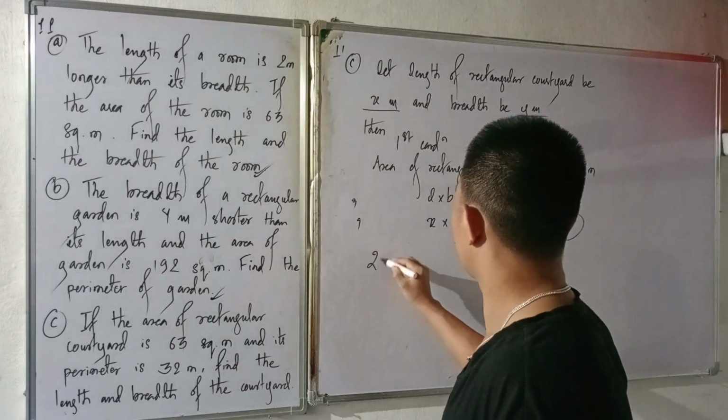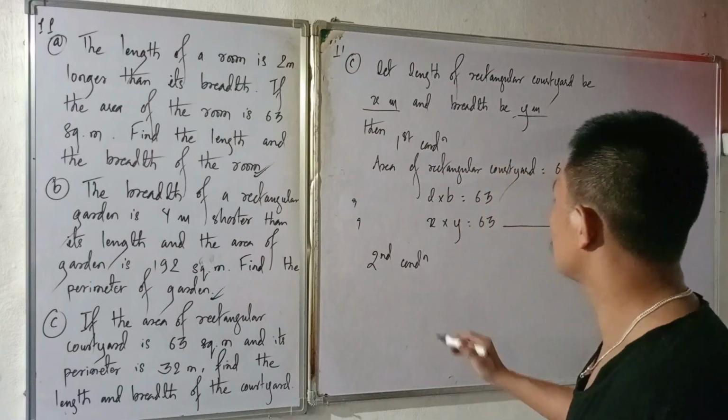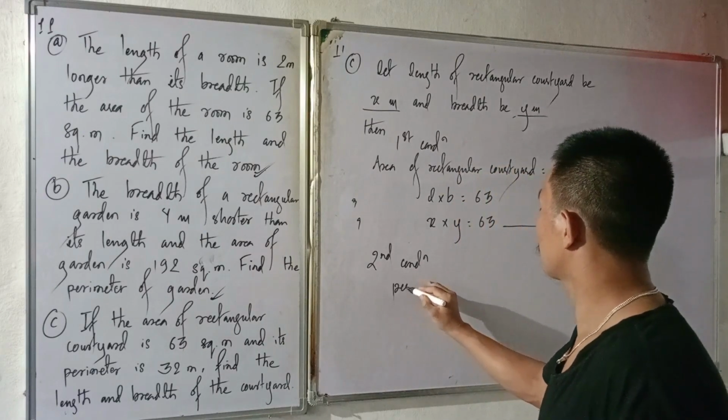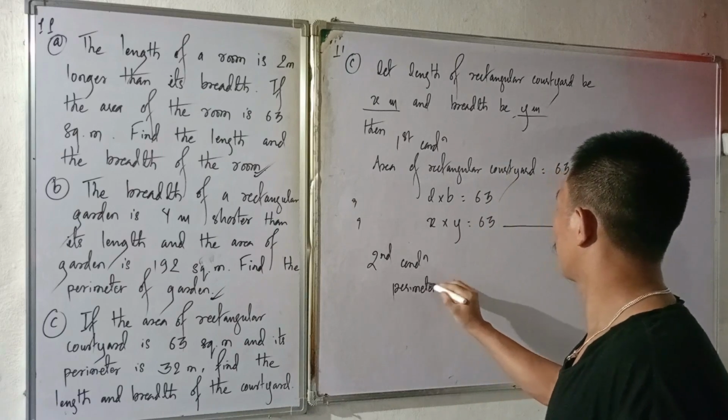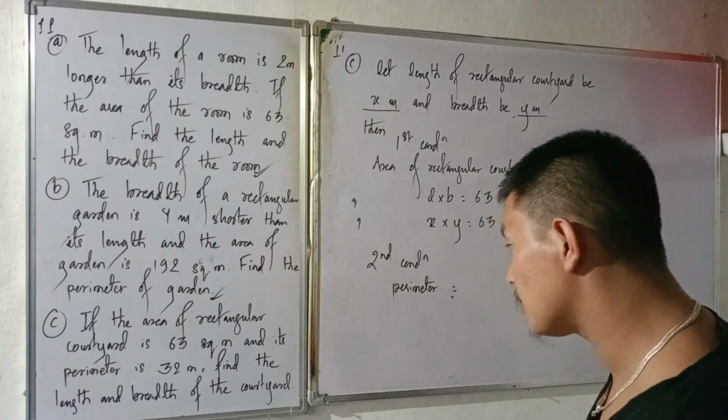Again, second condition, perimeter we have been given 32 meter.